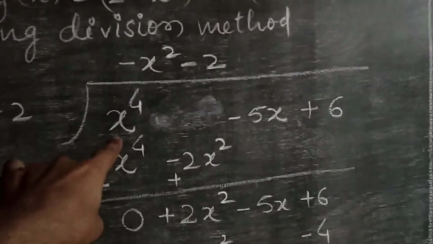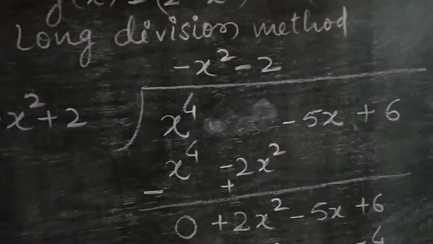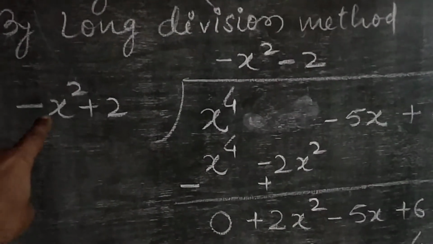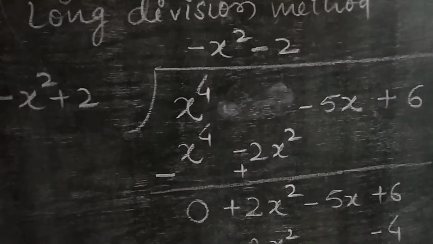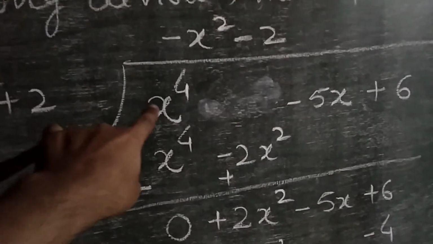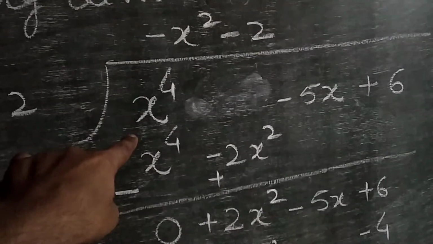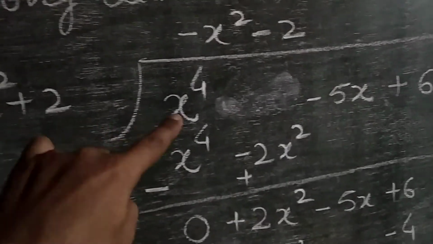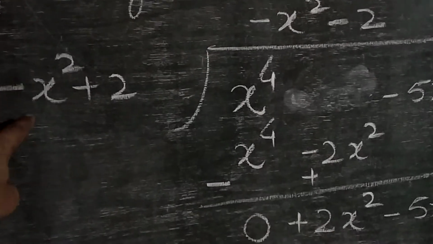So first we will write the dividend, x to the power 4 minus 5x plus 6, and divisor here minus x square plus 2. To obtain the first term of the quotient, what will we do? We will do the same process as we did in the previous question. First we will write the highest power term of the dividend, it is x to the power 4, and we will divide it by the highest degree term of the divisor, it is minus x square.